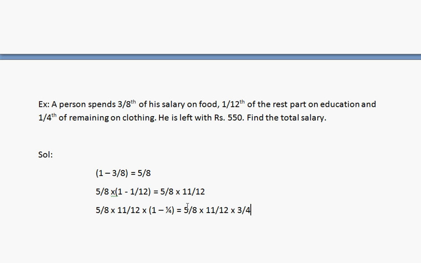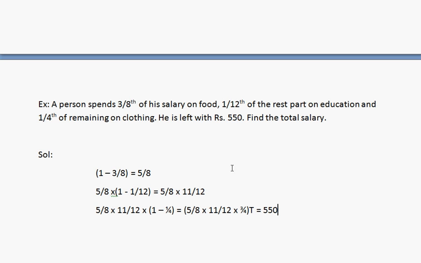So this is the salary which he is left with, and this is equal to 550. So if the total salary was, let's say, t, the leftover salary would be 5/8 into 11 by 12 into 3 by 4, which is equal to 550. So you can find t from this.